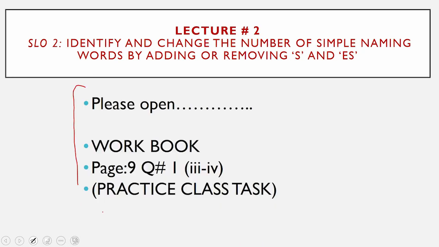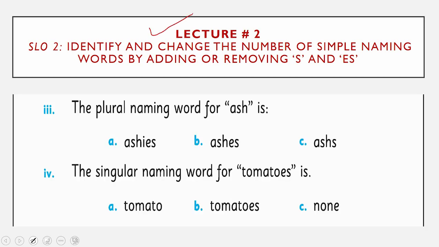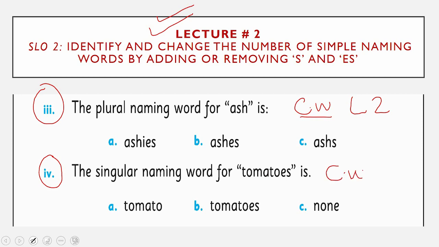Now it's time to practice on the workbook, page number 9, question 1, and this is also your practice class task. As you can see the SLO on the screen, we're only going to do part 3 and 4 from the workbook. So please circle part 3 and 4 and write classwork for lecture 2 in front of both with your pencil.